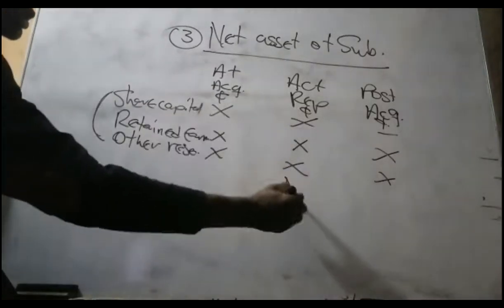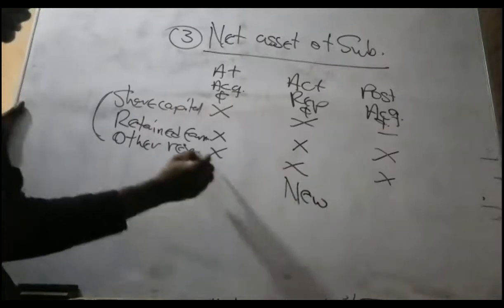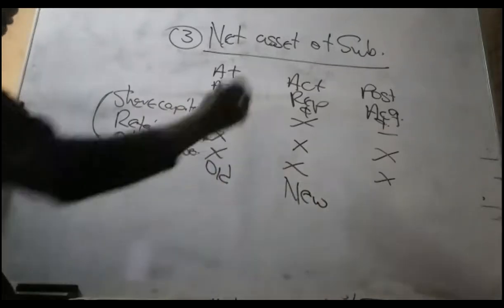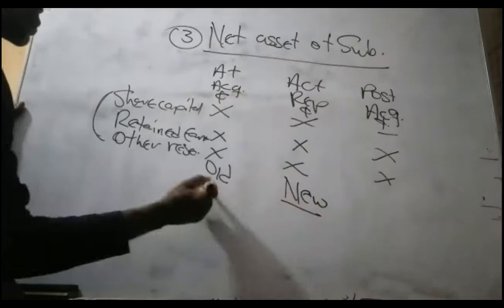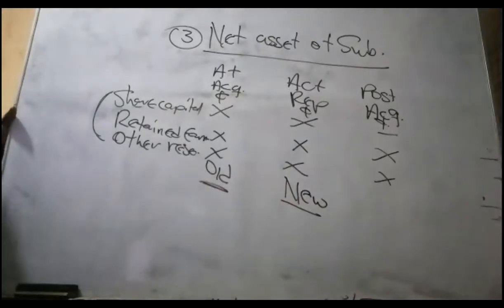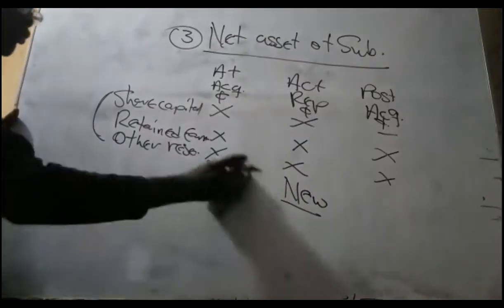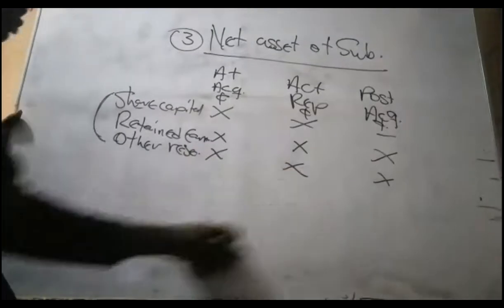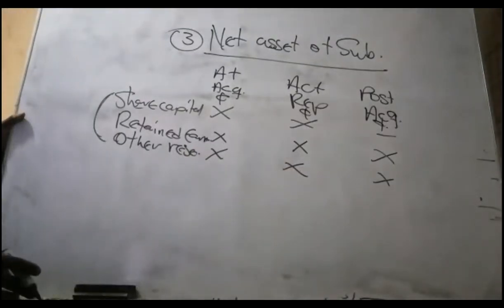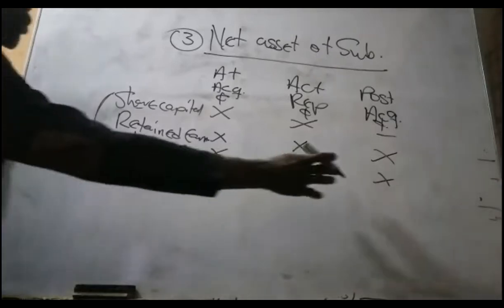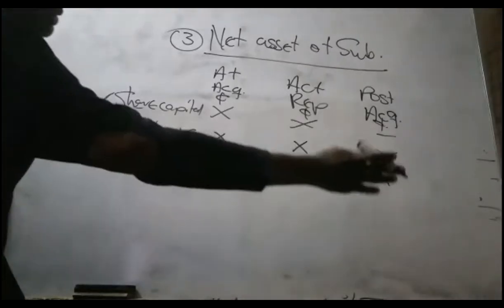This one is at reported, we normally call it the new, and this one will be the old. So to get the post, the change is the new minus the old. At reported, less at acquisition will give you post.